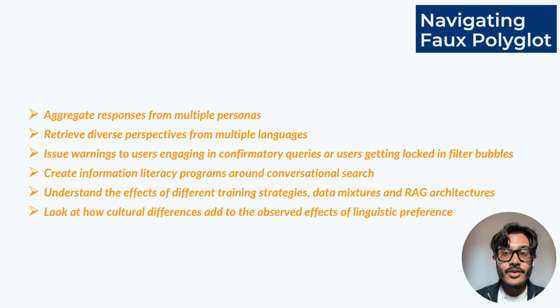Hence, as a research community, we need to work towards creating scaffolds for users, like aggregating responses from multiple personas, retrieving diverse perspectives from multiple languages, and issuing warnings to users getting locked in confirmatory queries and responses. We also need programs to increase information literacy around conversational search, reducing potential issues like overtrust and reliance on information presented by these models.